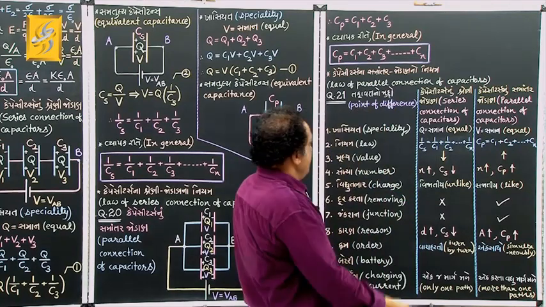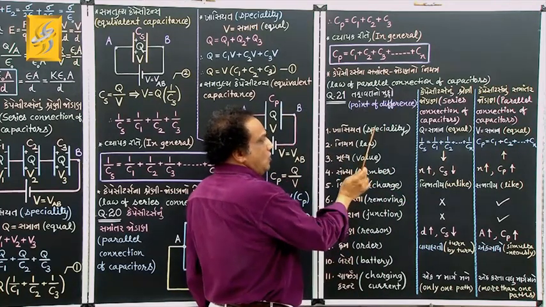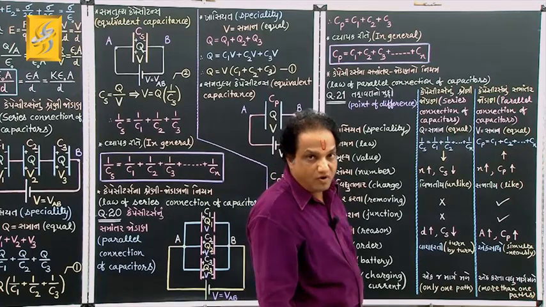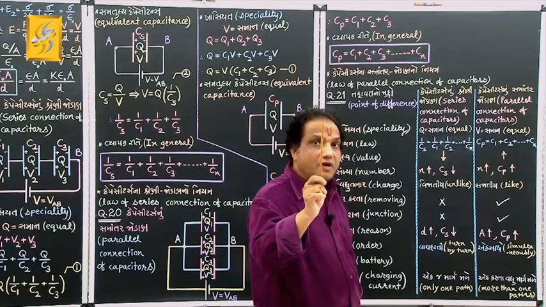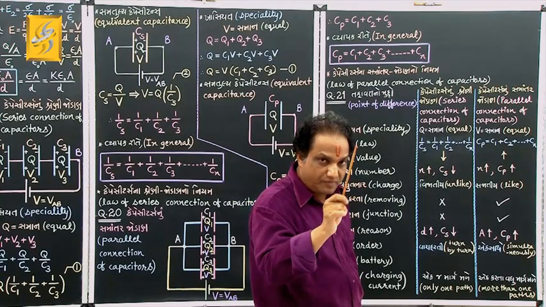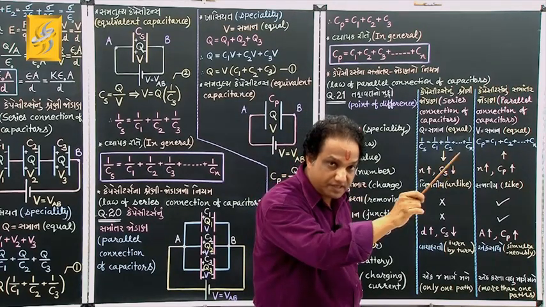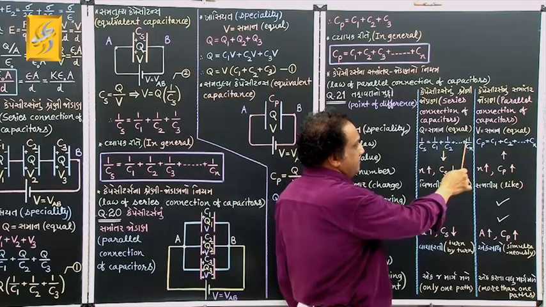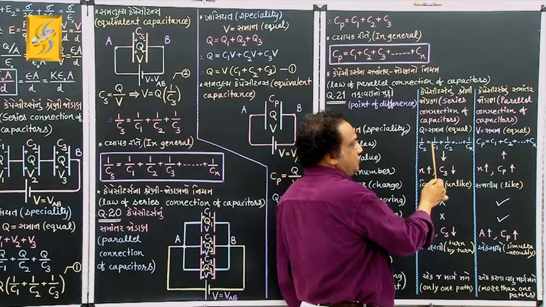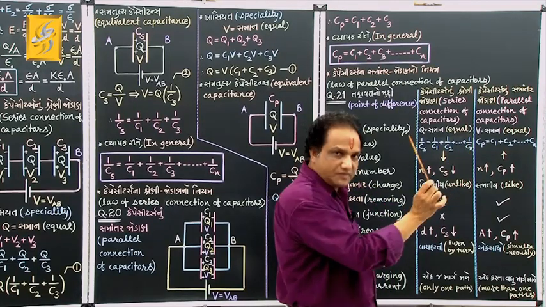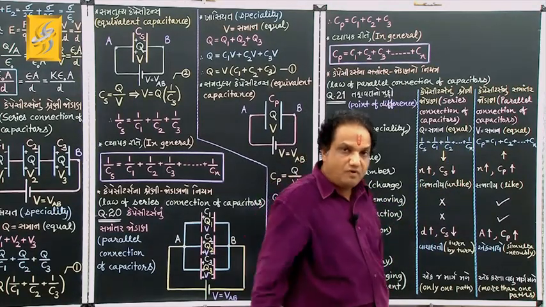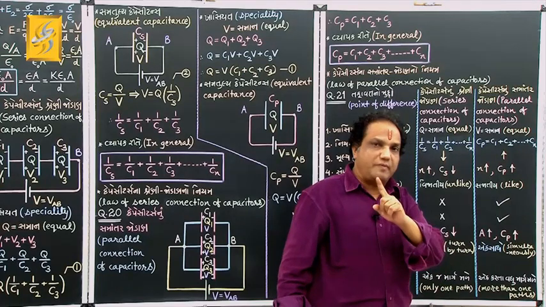Second, about law. What was the mathematical form of law of series connection of capacitors? Just now we wrote here 1 upon Cs equals 1 upon C1 plus 1 upon C2 plus 1 upon C3 plus dash dash dash plus 1 upon Cn. Correct? What was the mathematical form of law of parallel connection of capacitors?